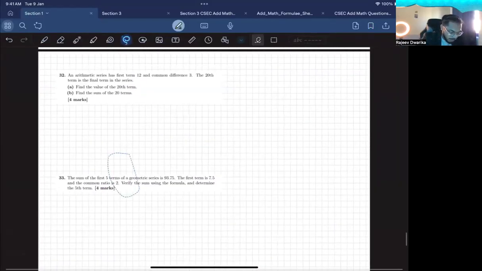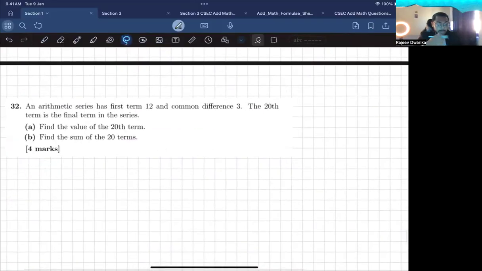All right. Annalie, I want you to help with one question. Give it a read. An arithmetic series has first term 12 and a common difference 3. The 20th term is the final term in the series. Find the value of the 20th term. They are telling us it's an arithmetic series, so what formulas are associated with it?